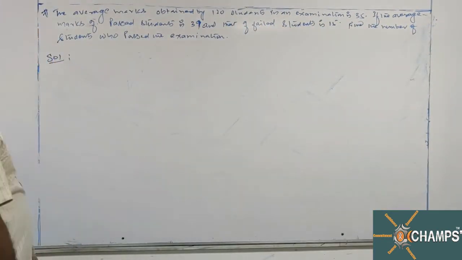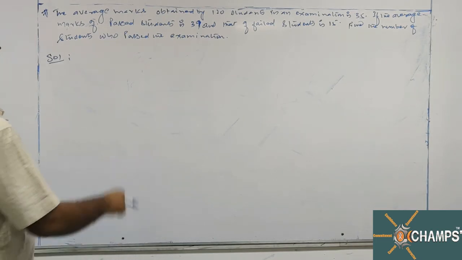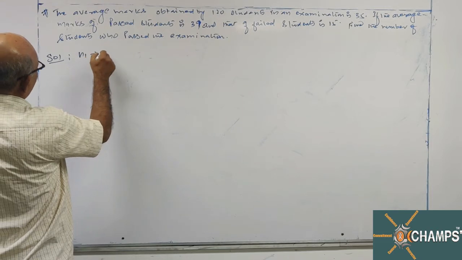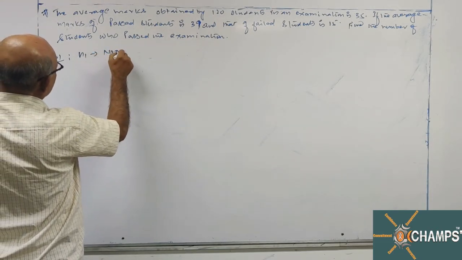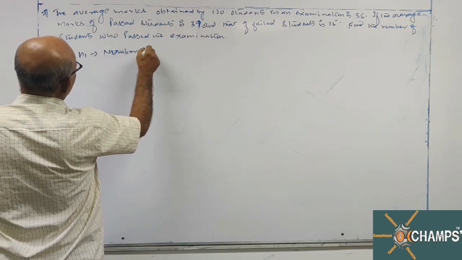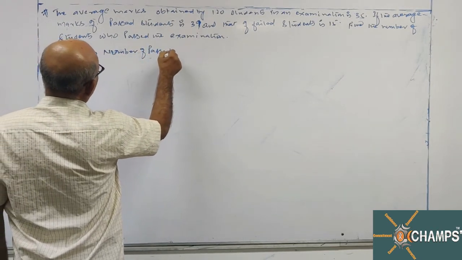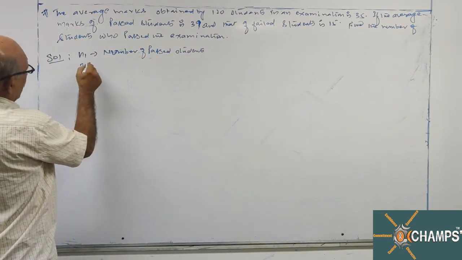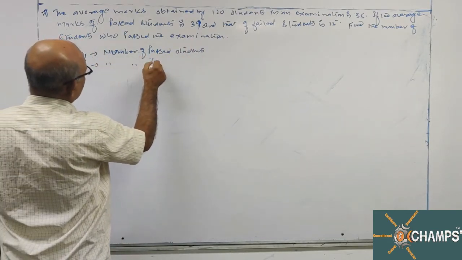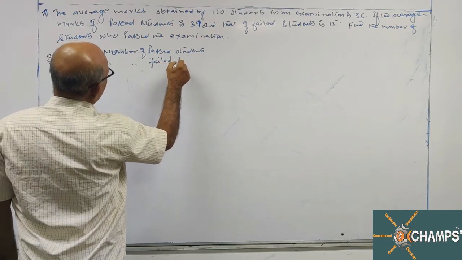Look at the solution, sir. Total number of students are given as 120. So N1 is equal to number of passed students. N2 is equal to number of failed students.